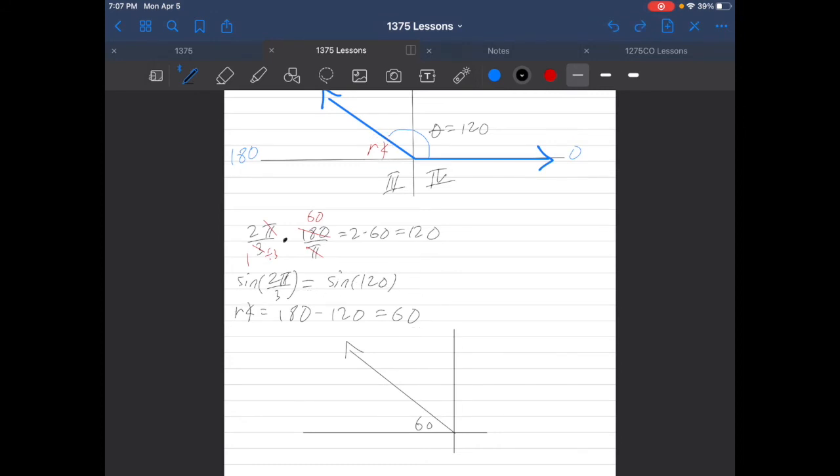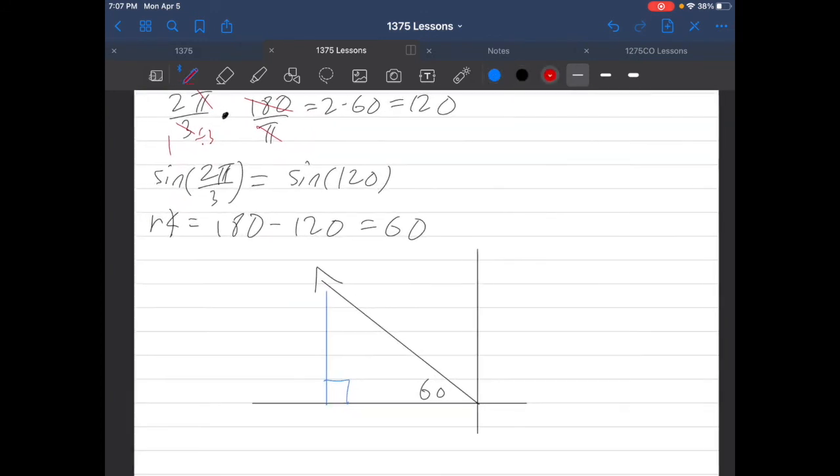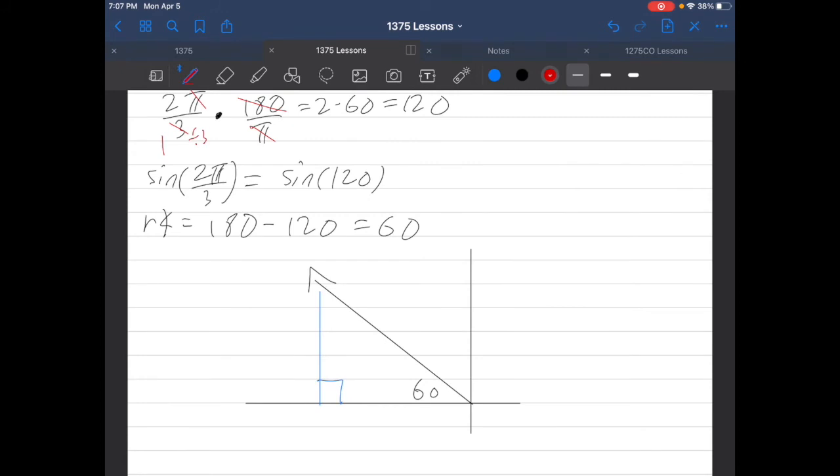And what we're going to do now is draw what's called a reference triangle. The reference triangle must include your reference angle, which means that this reference triangle must be made with the x-axis, because that's where the reference angle is made, with the x-axis. So what have I drawn here? I have drawn a right angle. Your reference triangle is always a right triangle, because this is what we drew in.